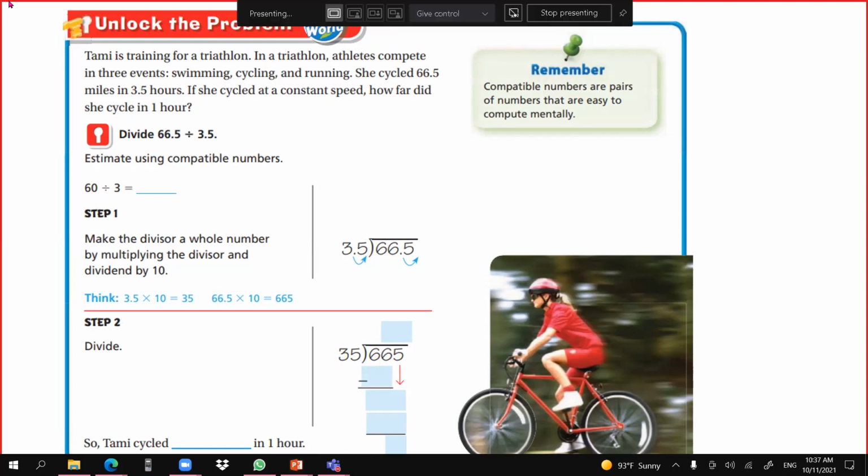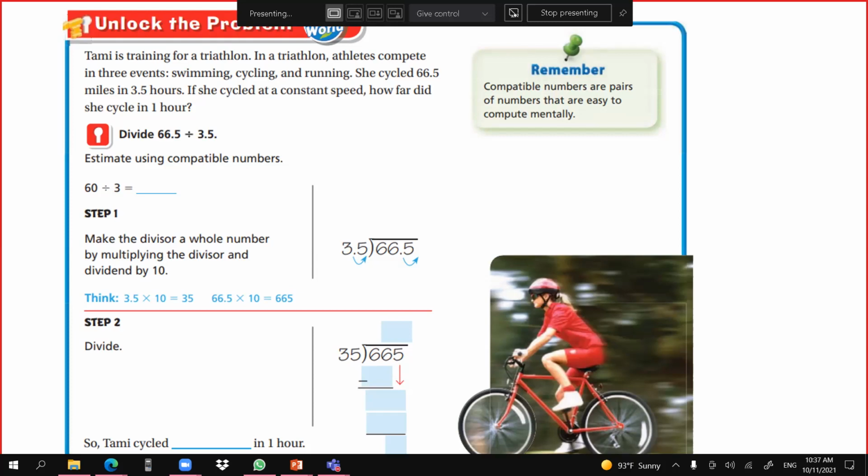Here, Tammy is training for a triathlon. In the triathlon, the athletes compete in 3 events: swimming, cycling, and running. She cycled 66.5 miles in 3.5 hours. If she cycled at a constant speed, how far did she cycle in 1 hour?